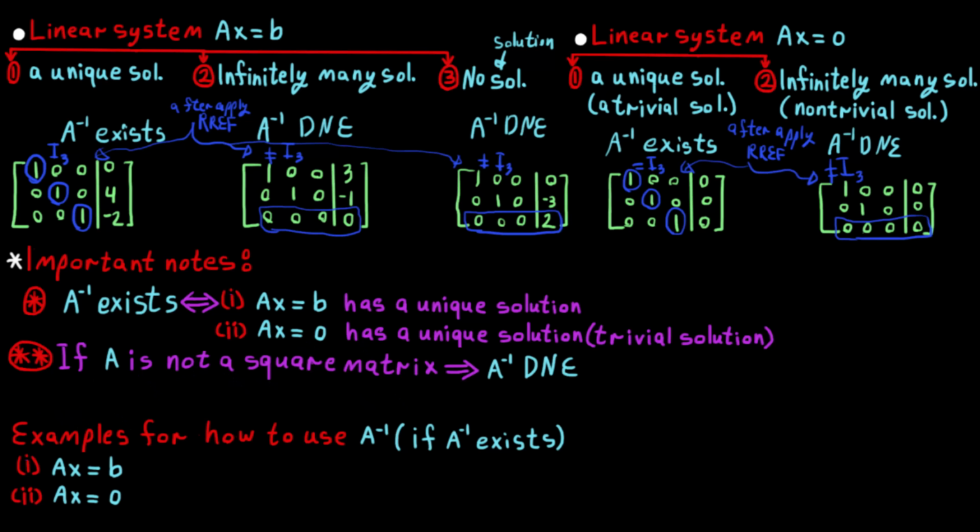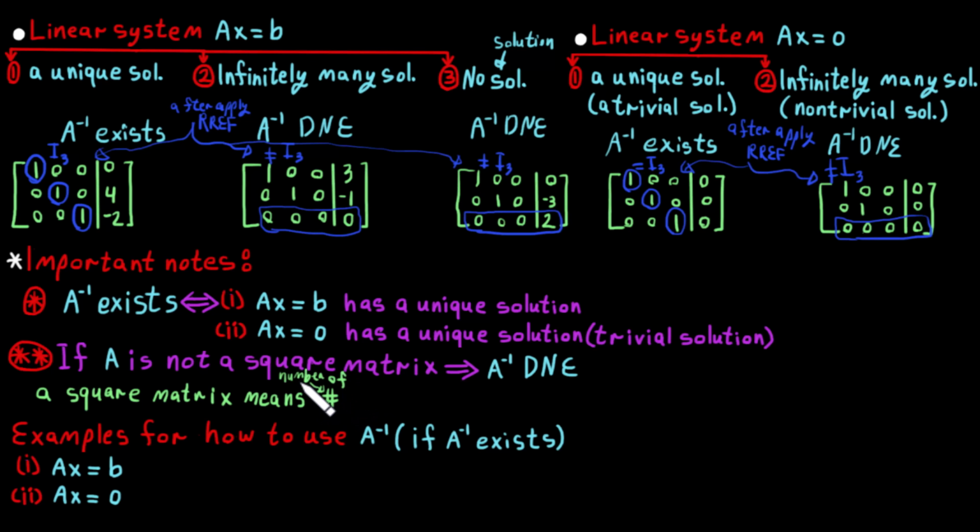A square matrix means the number of, to make it clear for you, which is very simple to write it.